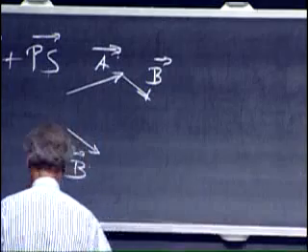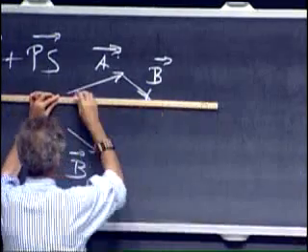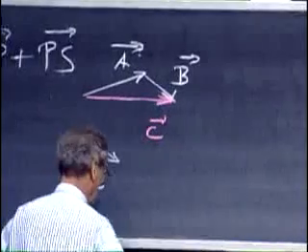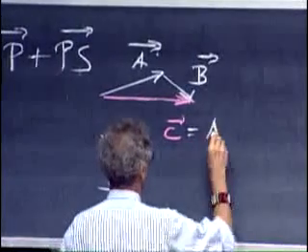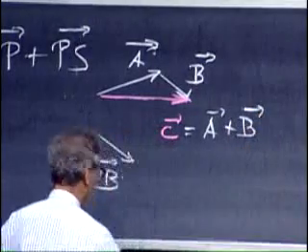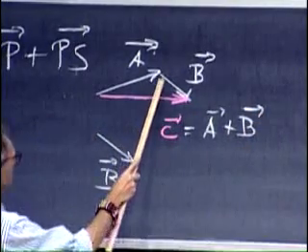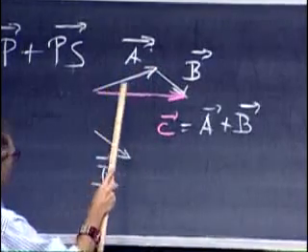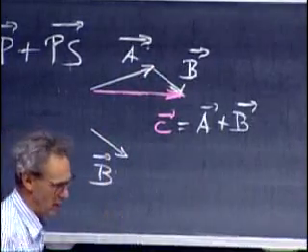And then the net result is A plus B. This vector C equals A plus B. That's one way of doing it. It doesn't matter whether you take the tail of B to the head of A, or whether you take the tail of A and bring it to the head of B. You'll get the same result.